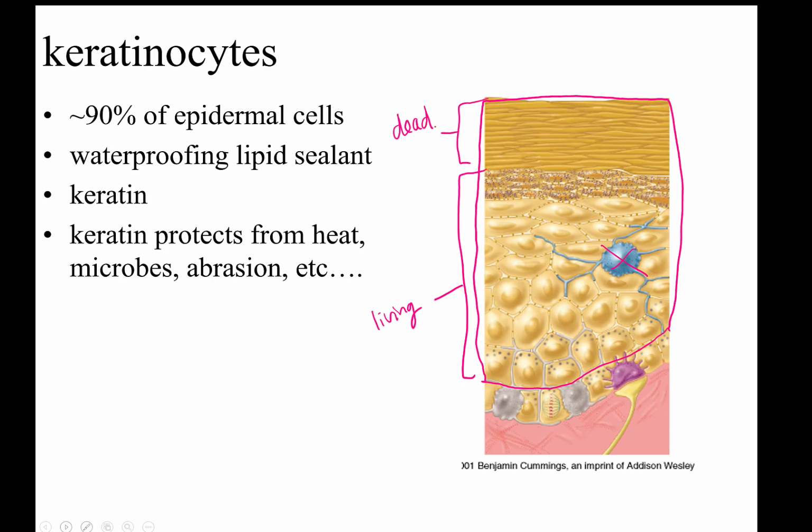So they contain a waterproofing lipid sealant, which they produce while they're still alive. They also produce keratin, which is why they're called keratinocytes. And keratin is the protective component of the dead cells at the top. So it protects from heat, microbes, abrasion, etc. Living cells are pretty fragile, but dead keratin-filled cells are very, very sturdy, and they help keep your outer surface secure.